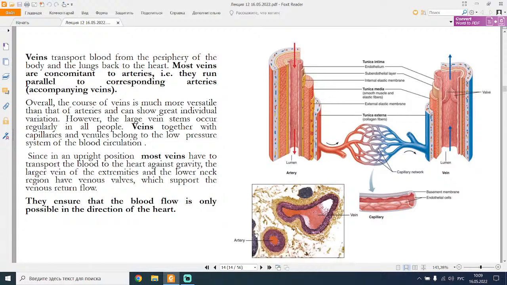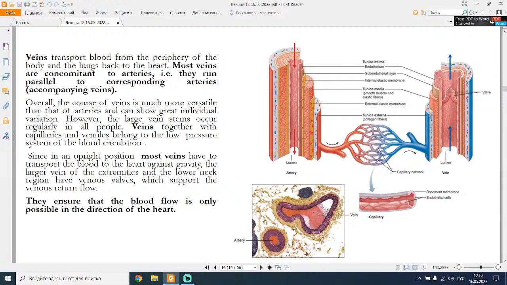Veins transport blood from the periphery of the body and the lungs back to the heart. Most veins are concomitant to arteries. They run parallel to the corresponding arteries, accompanying veins.